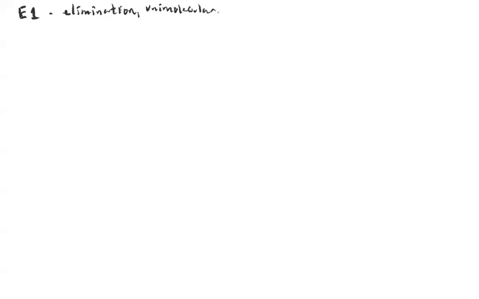Okay, so E1 stands for elimination unimolecular, and it's going to be competing with the SN1. Okay, the good news here is that the trends, if you go back to your notes and you think about the trends that favor E2 at the expense of SN2 or vice versa, they're the same here.